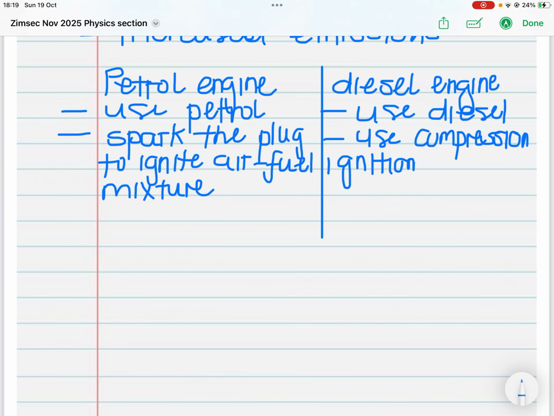This one uses the spark plugs, and this one uses the compression ignition. And then also, another difference between a petrol and a diesel engine. This one is difficult to start, especially in cold weather.